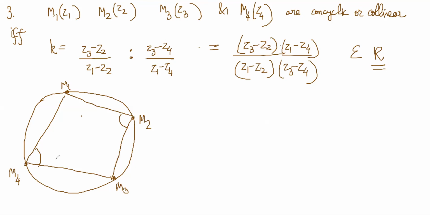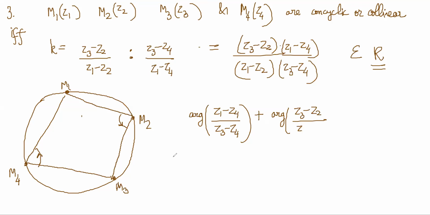Yes, sir. So let's write the angles using complex numbers. So the anti-clockwise side is this, and here the anti-clockwise side is this, right? The arrows are like this, anti-clockwise arrows. Okay. So what is this angle? That is argument of M1 minus M4, so Z1 minus Z4 by Z3 minus Z4, plus argument of this one, Z3 minus Z2 by Z1 minus Z2.